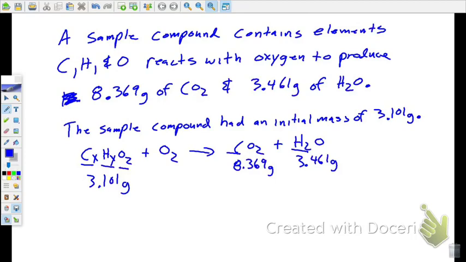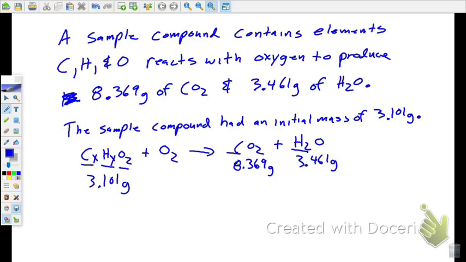The easy way to do it, you could find the percent of carbon in CO2. You could take 12 divided by 44 times 100, and you'd get an answer of 27.3%. And then you could take that percentage times the 8.369, and by doing that, you get 2.28 grams.